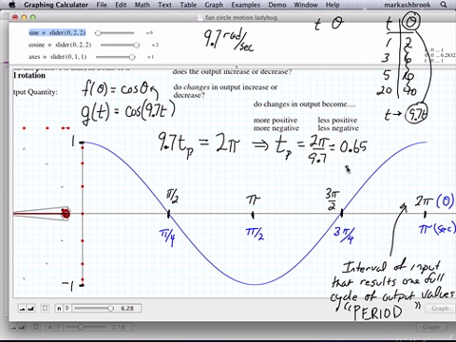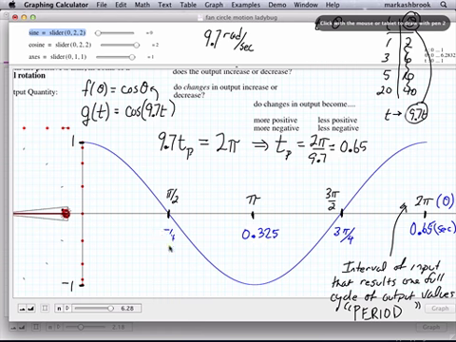So now it's going around in a circle every 0.65 seconds. So that would be the period in terms of t. In angle, it's still 2 pi. So then we'd have half of that for halfway around, or was that 0.325? And then you do another half of that for the quarter circle. Yeah, so you do half of that and then add that on here to get that.